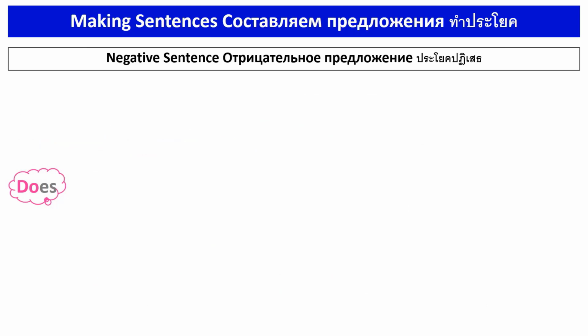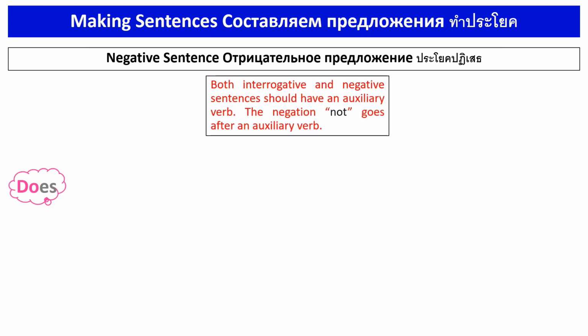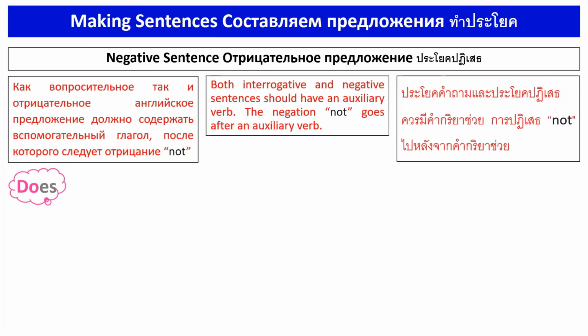Negative sentence. Both interrogative and negative sentences should have an auxiliary verb. The negation, not, goes after an auxiliary verb.